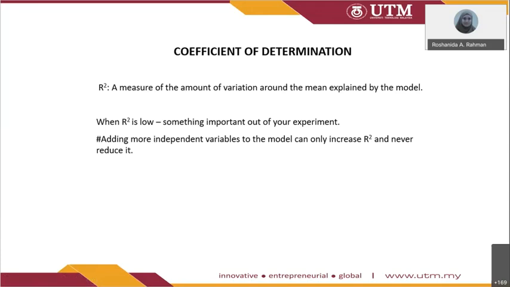Maybe you also have x1x2, x2x3 terms that are not significant, but you still include them in your model equation. Then by including those many terms, even if they are not significant, your R squared will increase. But it depends. But in general, we can say it will increase if you add so many terms.